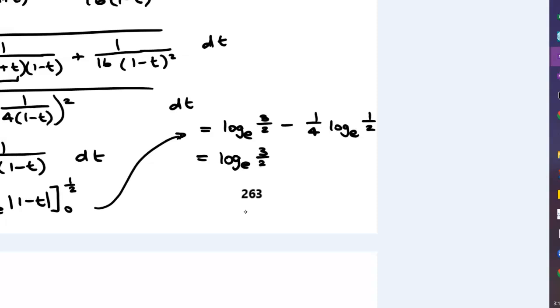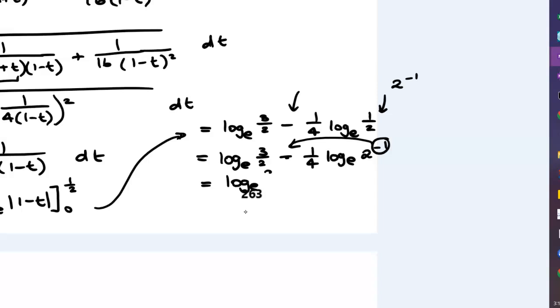Don't need to do any manipulations there, but I do need to change this to a plus. So to make that work, I'm going to use the fact that I know 1 over 2 is equal to 2 to the power of negative 1. So I'll do an extra step. And then 2 to the power of negative 1. And then we're going to bring that power out the front using the log laws. I know at my school we call it plugging. So that becomes plus a half 1 over 4 log base e of 2. So now it's in the form that we required, and we've finished this question.